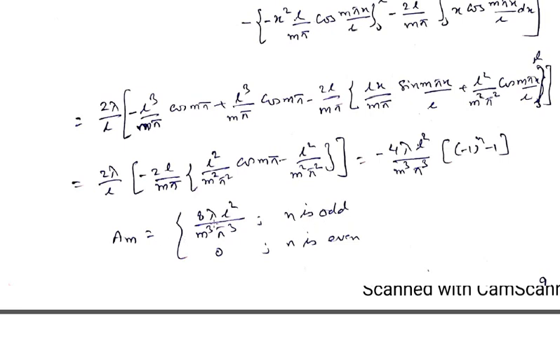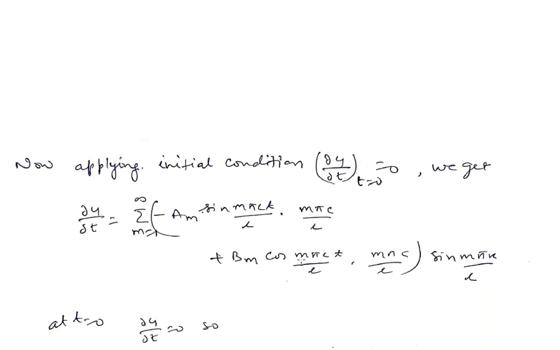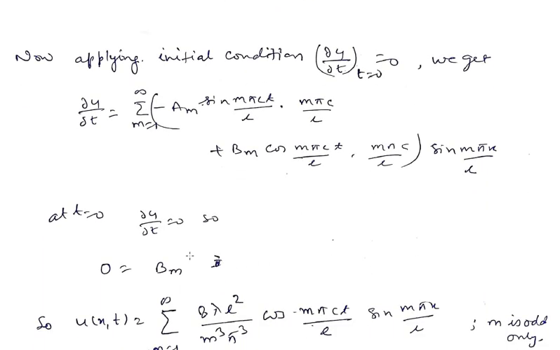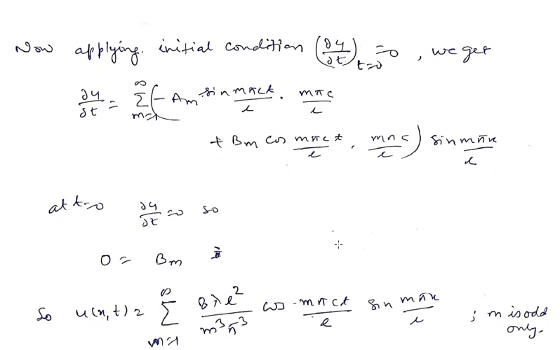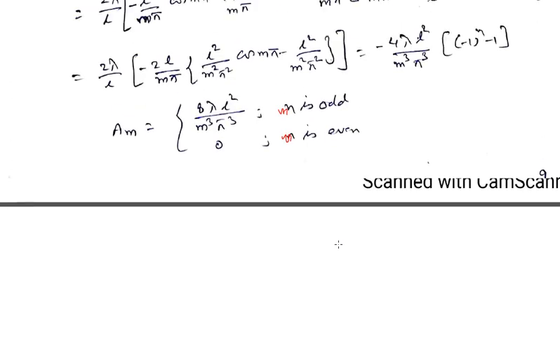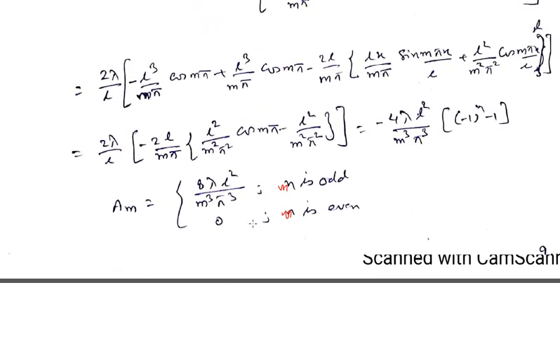When m is odd, a_m is 8 lambda L square upon m cube pi cube, and when m is even, it becomes 0. So we have calculated the value of a_m.